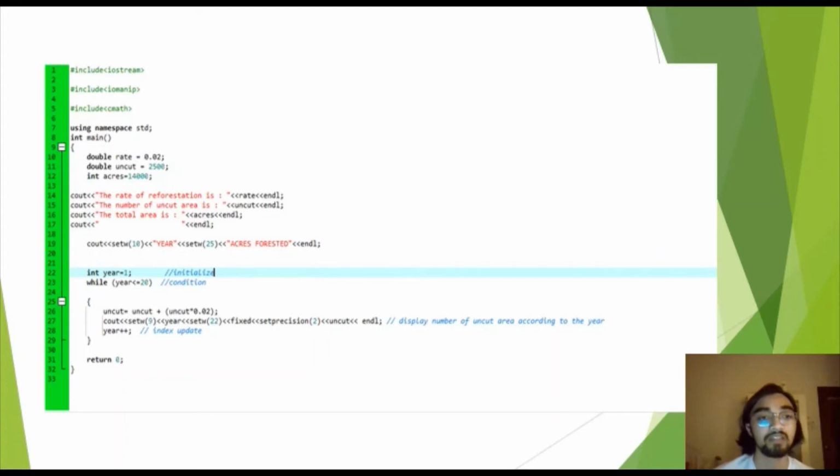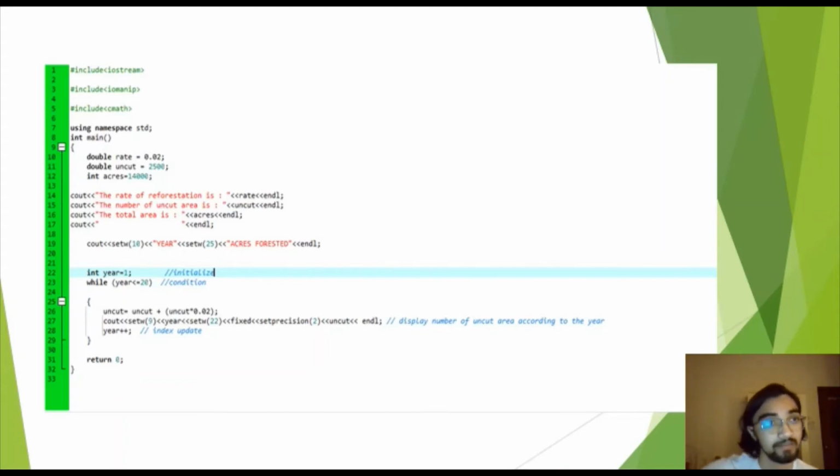So to make the program more structured, I first display the rate of reforestation, the number of uncut area, and the total area for this question, and then I set up a column for year and the acres forested, and I also declare a year as integer, and I use a while loop in this question because I think it is more suitable than for loop.